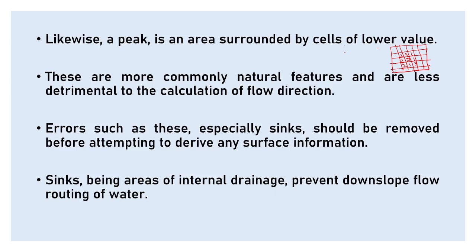If you have a sink present, modeling that continuous flow is going to be difficult, because a sink effectively tells you that water is going into that sink, which means there will be a disturbance in the flow of water downslope, thereby affecting the flow direction of the water. So that's why we need to take care of this.